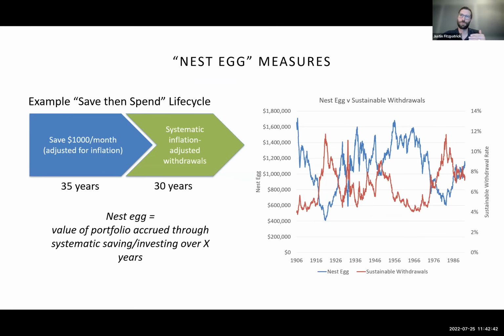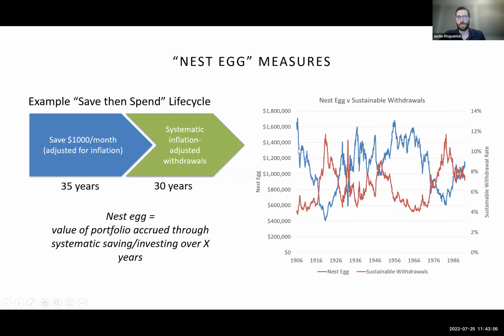Yep. So again, what this is really measuring is sequence of returns prior to some point in time, and its relationship to sequence of returns after that point in time. It's a way of showing reversion to the mean, or the cyclical nature of investment performance historically.